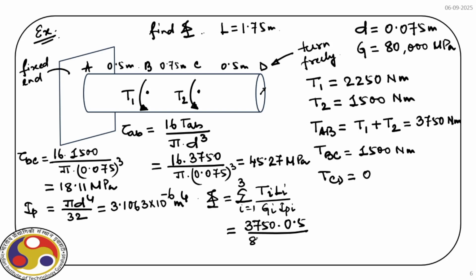Then we have 80 into 10 to the power 9 if we express in Pascal, times 3.1063 into 10 to the power minus 6, plus for the next segment we have 1500 times 0.75 divided by, again, the same value of G and IP.